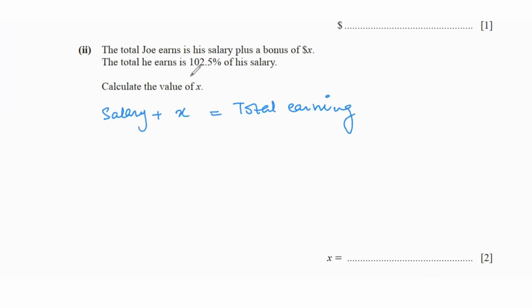The total he earns is 102.5% of his salary. Salary plus X is 102.5% of salary. We need to calculate the value of X.